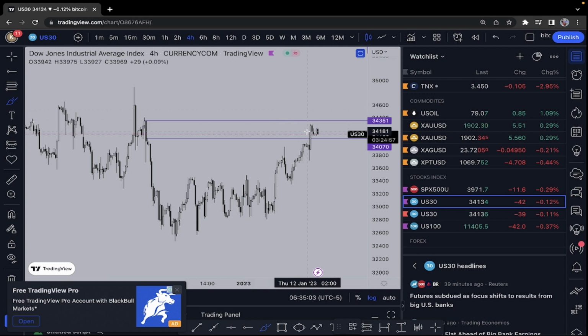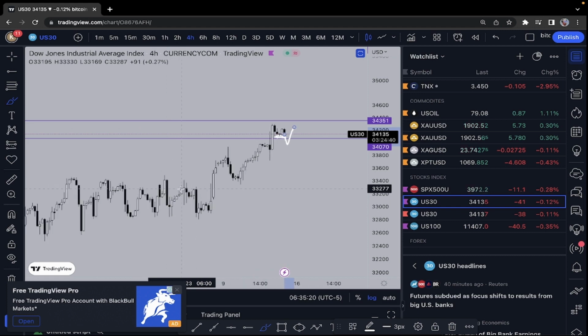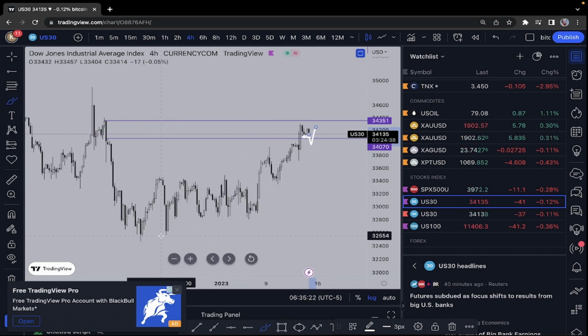Well, I'm expecting price to run this low right here. So once it breaks below this low, pulls back, I go short with my stops at the high, and then I target this region right here. And then I have my target set for down here.